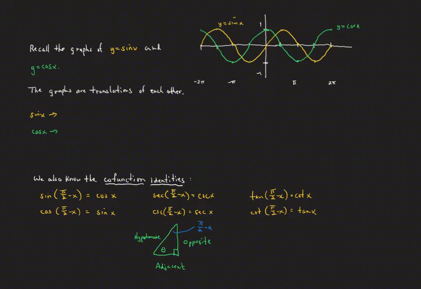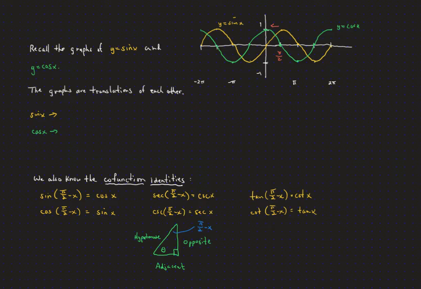Now, when you look at those, you can see them as translations of each other. So if we start with that sine x, and if you look at that yellow curve, if you were to move that yellow curve, remember now this is pi over 2 right here, pi over 2 to the left, it would be a perfect fit for the cosine curve.